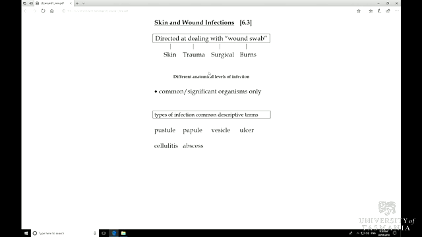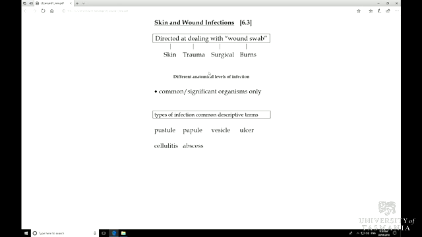Now these terms are kind of important because often they'll come in with a swab, with a request form, describing the lesion. A pustule means a raised lump on the skin with a collection of pus at the end of it. It's got to have a yellow head to be a pustule. A papule is a raised bit of skin that's red but with no pus.